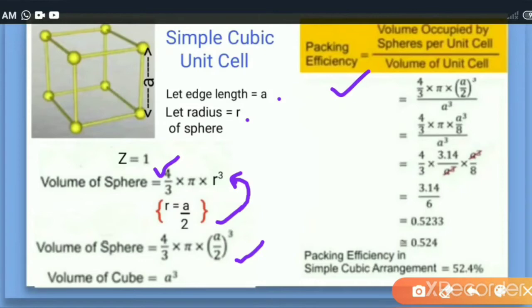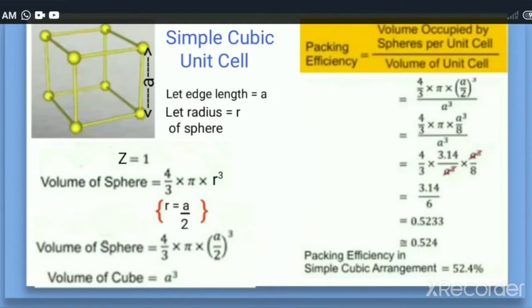Here the volume of the cube is a cube, because the unit cell is a cube. So the volume of the unit cell means the volume of the cube. And we already know the formula for the volume of a cube is a cube, that is length into breadth into height. Since here length, breadth and height are the same, altogether we can say a cube. So we got the volume of the sphere, that is the volume occupied by the spheres per unit cell, and the volume of the cube, that is the volume of the unit cell.